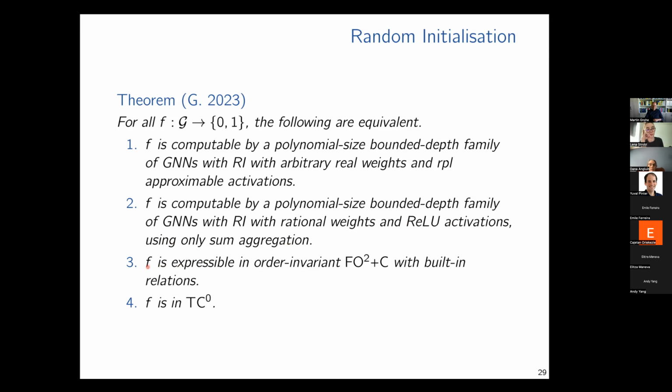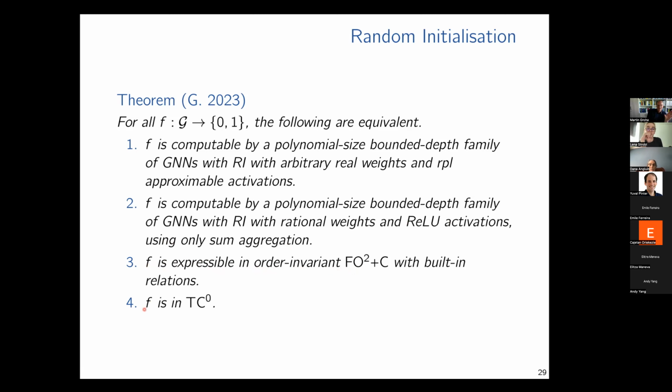Interestingly, for the logical characterization, we get rid of the randomness. We say F is expressible in the order invariant fragment of the logic. Now, I just wanted to mention this.